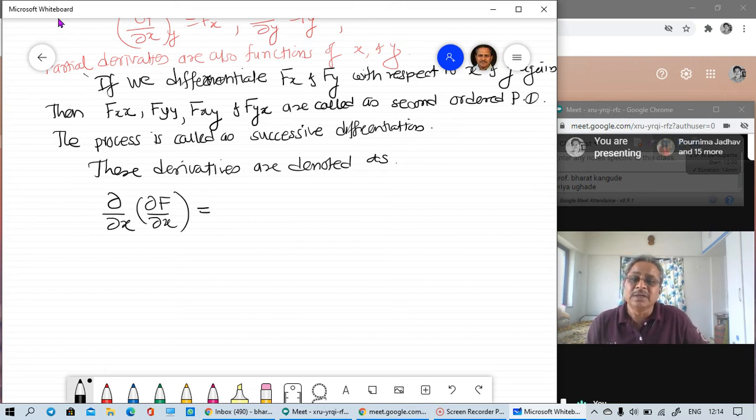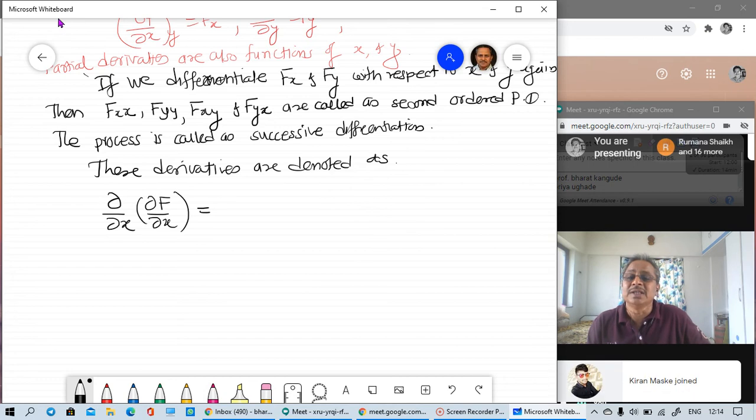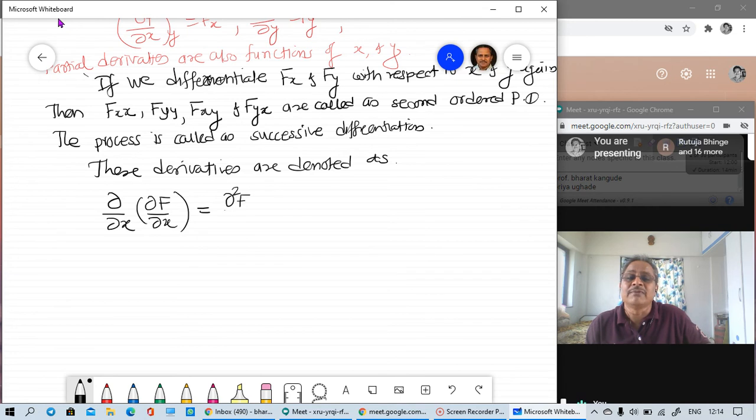Whenever we call partial differentiation, I have to use this operator daba upon daba x or daba upon daba y. So I am differentiating this first order partial derivative once again with x, and that can be written as daba square F upon daba x square, or also as another shortcut, fxx.